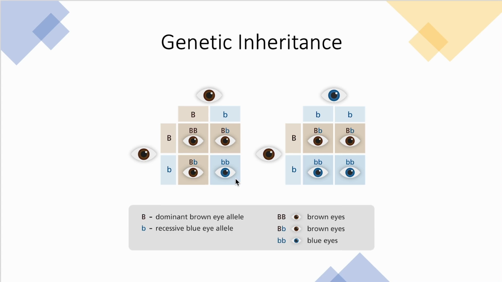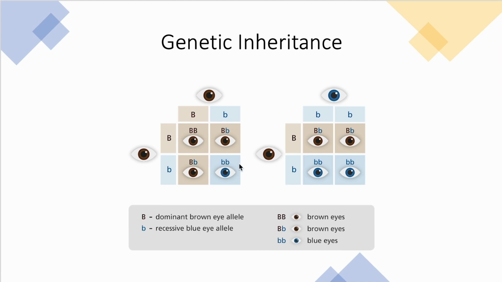Now notice that we were talking about the genotype. If we talk about phenotype, notice that there is a 75% probability of having a kid with brown eyes in each pregnancy, and only 25% probability of having a kid with blue eyes. Because this blue eyes allele is recessive.